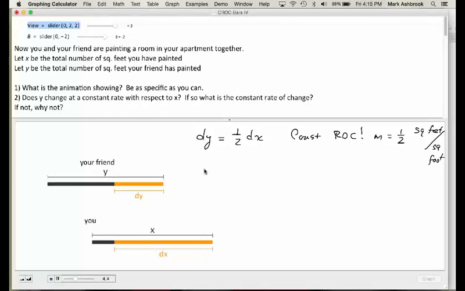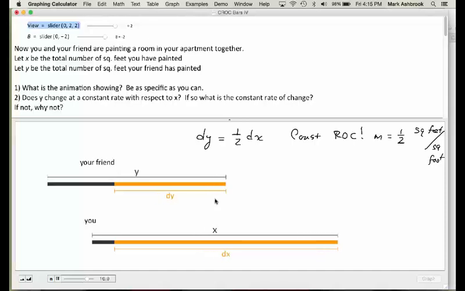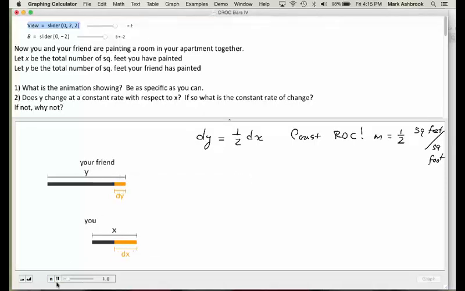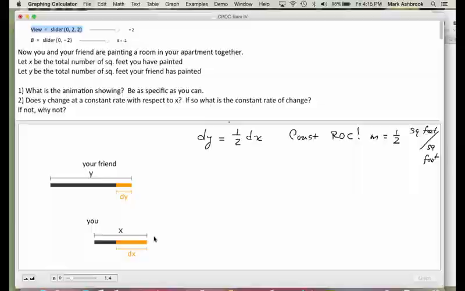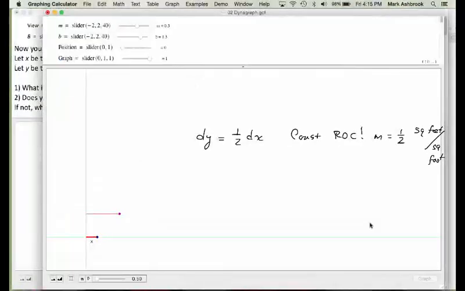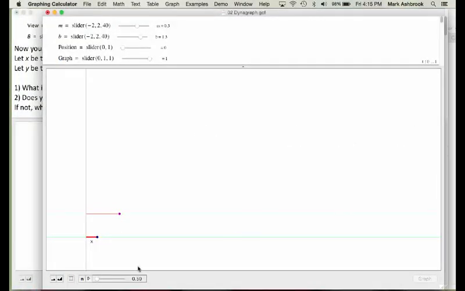Okay, so to further bring home this point that this is a constant rate of change relationship, I showed you another version of these two quantities changing together. So this is just another version of these exact same two bars. The way that they're changing together is exactly the same.